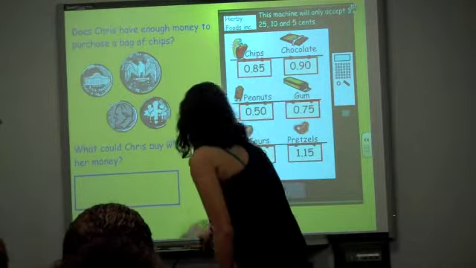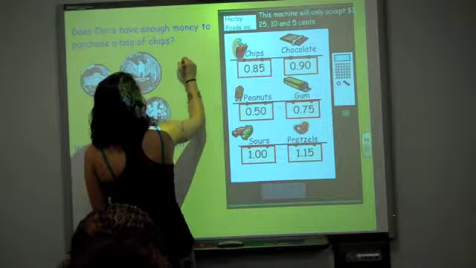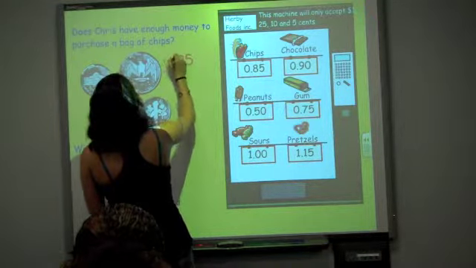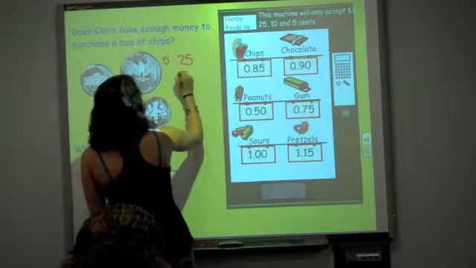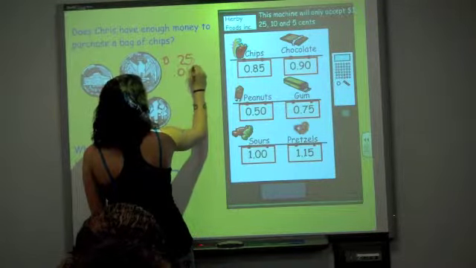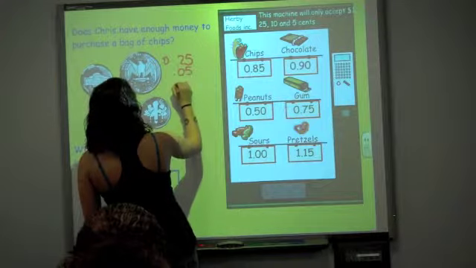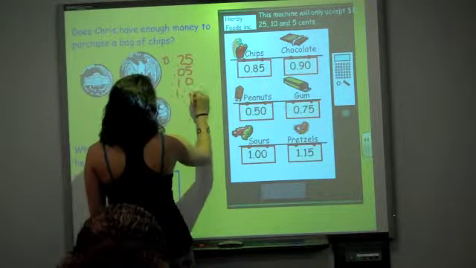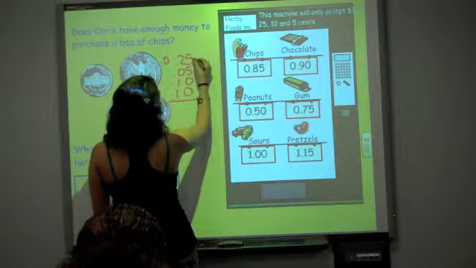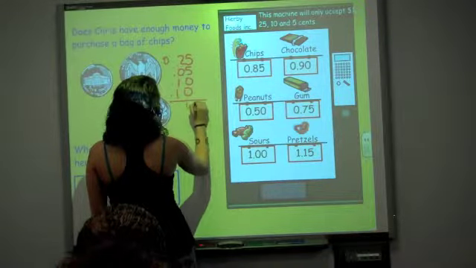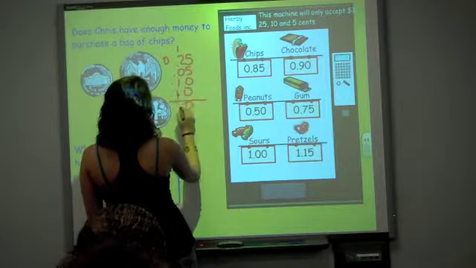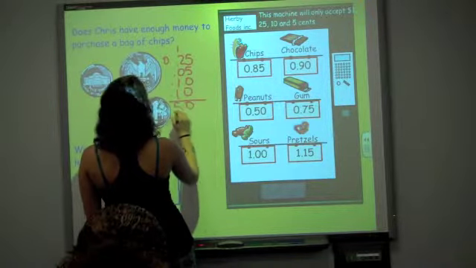Okay, we have 25 cents, then we have 5 cents, then 2 dimes: 10, 20, 30, 40, 50.